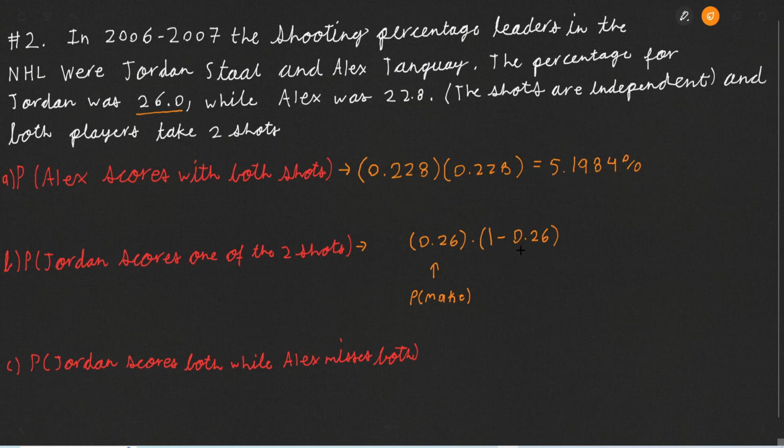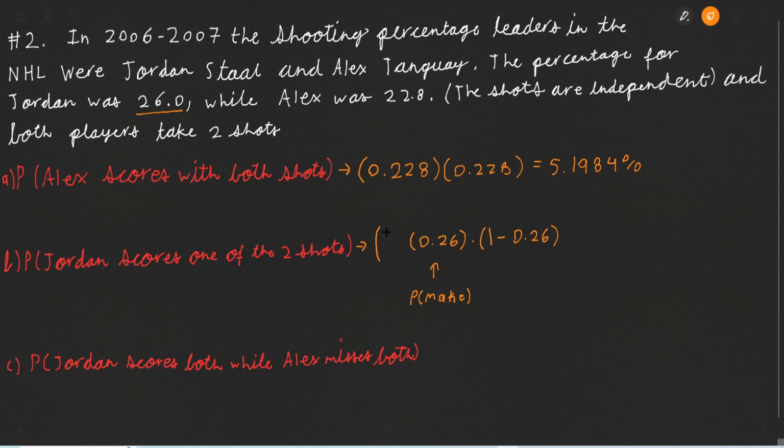But we're not done, because this could still be changed around, because right now we have it as him making the first shot and missing the second shot. But that could be changed to him missing the first shot and making the second shot.